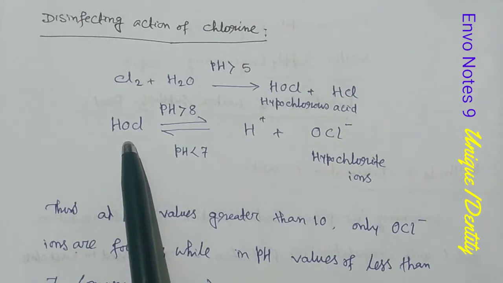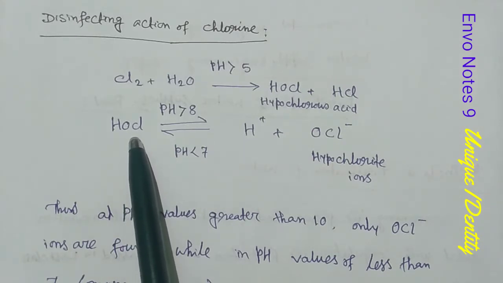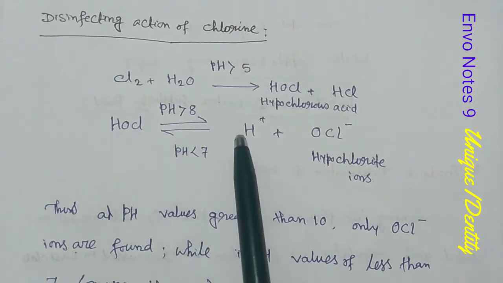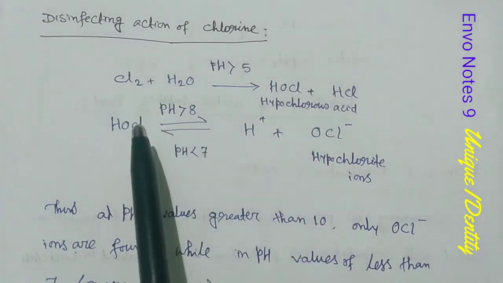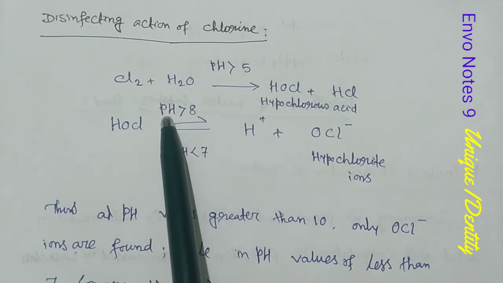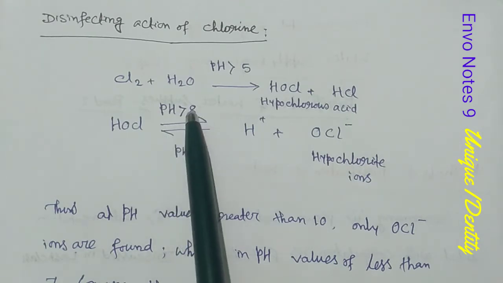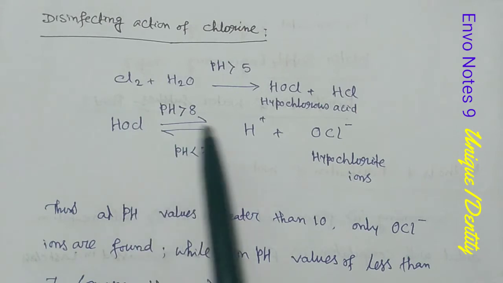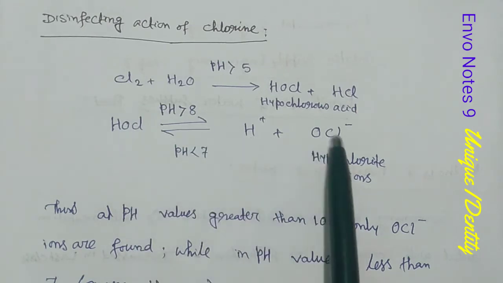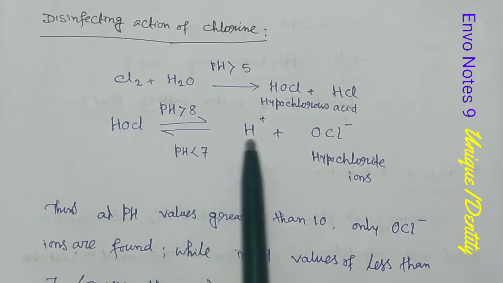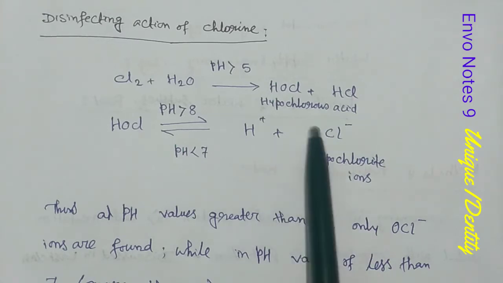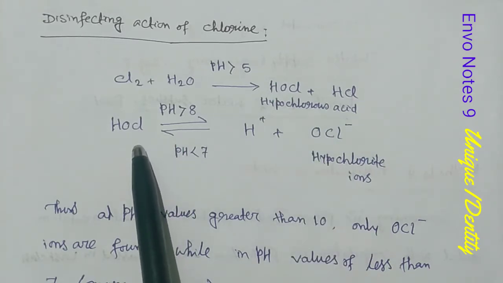This hypochlorous acid is unstable and may break into hydrogen ion and hypochlorite ion. When pH is greater than 8, this HOCl breaks into H+ and OCl-. And when pH is again less than 7, H+ and OCl- combine again and create HOCl.